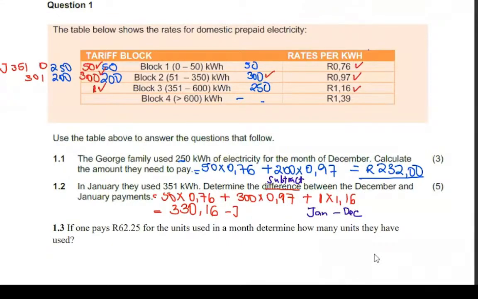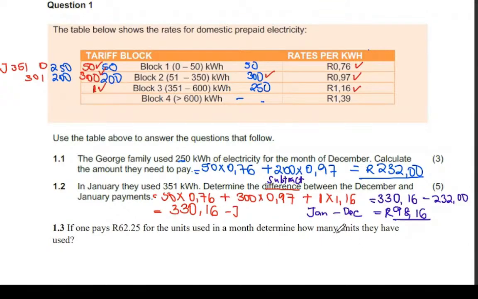So the cost in January was 330 rands 16 cents minus 232 rands. So what is the difference? Subtraction to find out the answer. So the difference is 98 rand 16 cents. That's what it simply means.